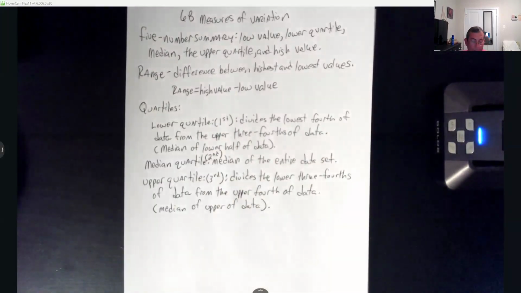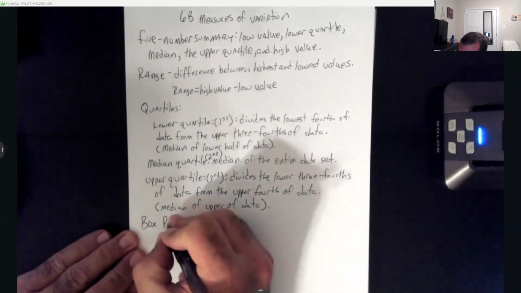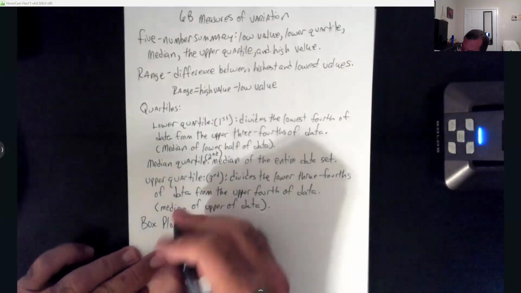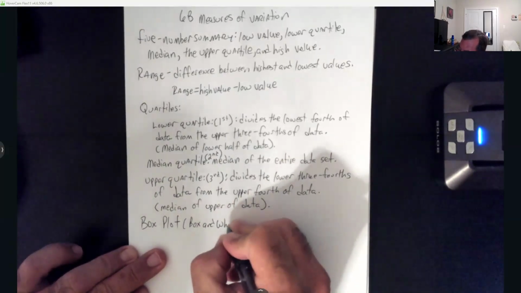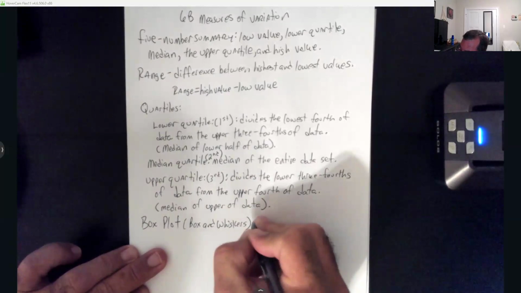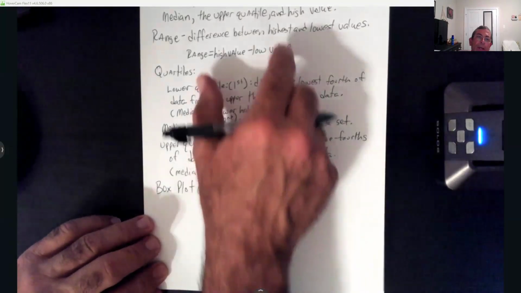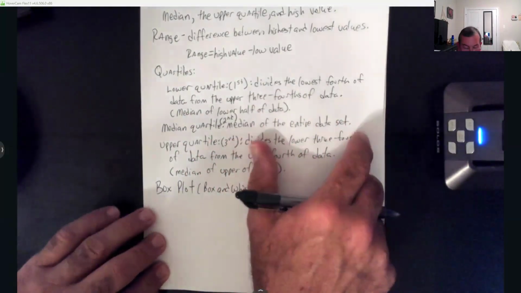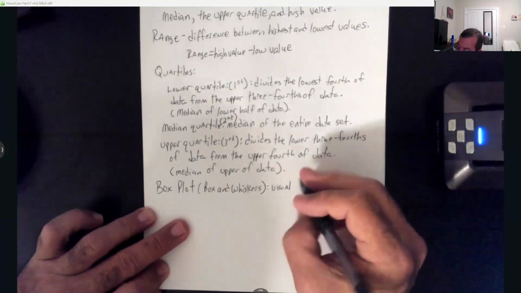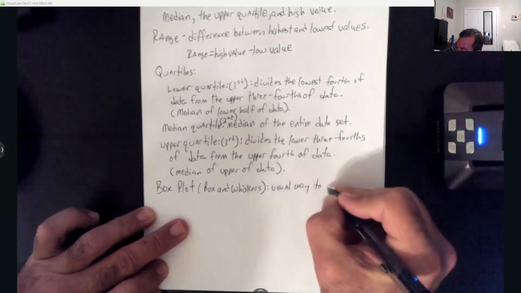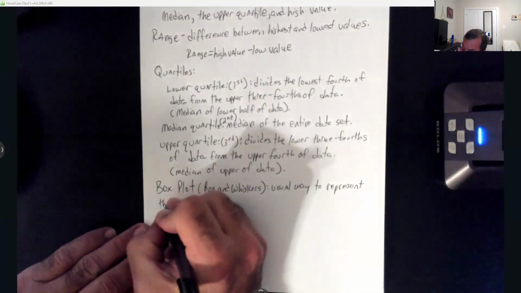Okay. Now, I'm going to show you how to make a box plot. And they often call this a box and whiskers. Okay, because the box plot is a visual way to represent these 5 number summaries, okay? So it is a visual way to represent the 5 number summary.